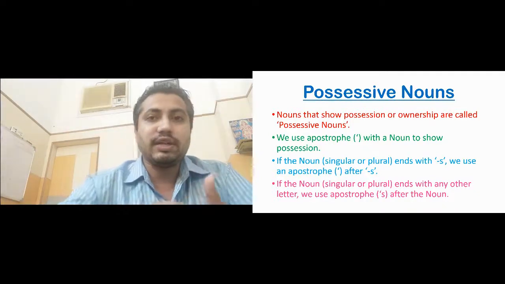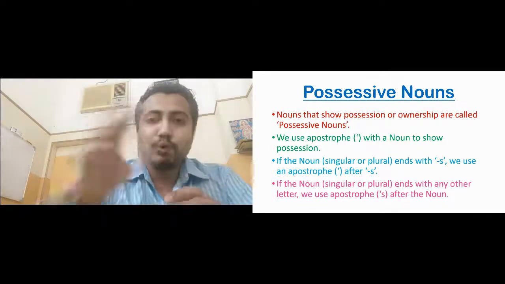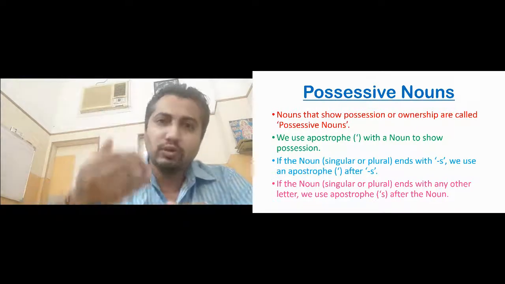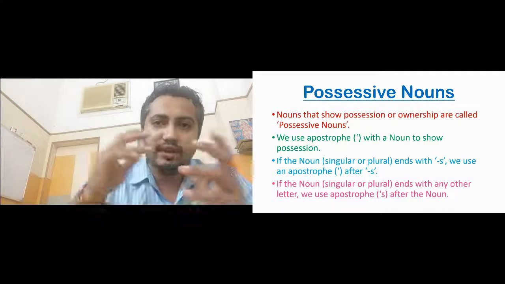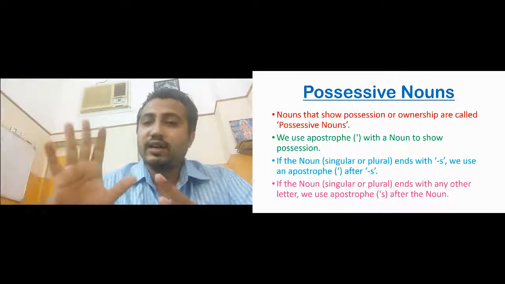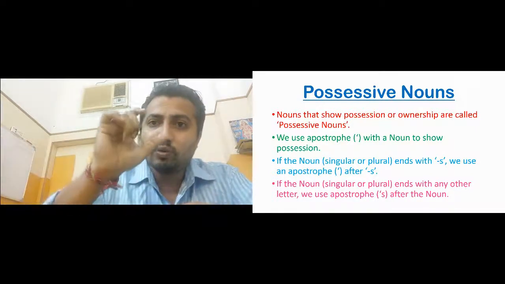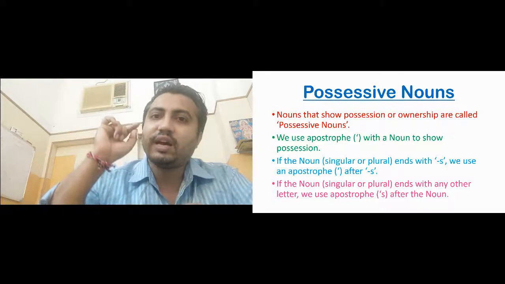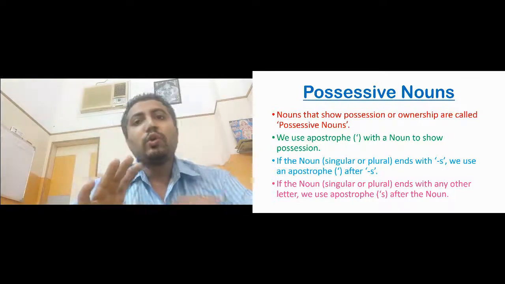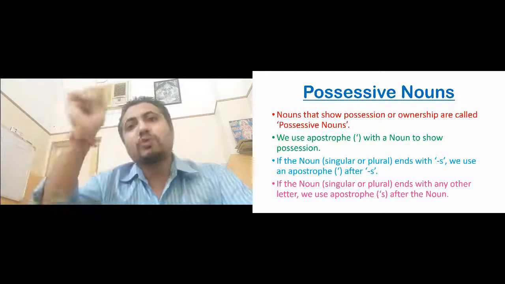Next part we need to understand is, कोई भी noun, even if it is singular or even if it is plural, noun singular भी हो या plural भी हो, if the last letter ends with s, वो noun का last letter अगर s है, so to make it possessive, उस s के बाद हमको एक apostrophe डालना है.